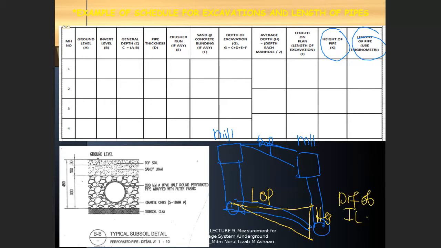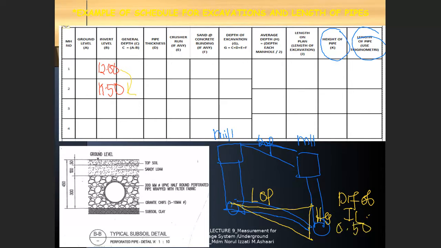How do you get the difference of the invert level? I give you one simple example. Let's say invert level number 1 is 12.00 and invert level number 2 is 11.5. Can you see the difference of the depth for the invert level? What you can do is 12 deduct 11.5, so the difference is 0.5 meter.